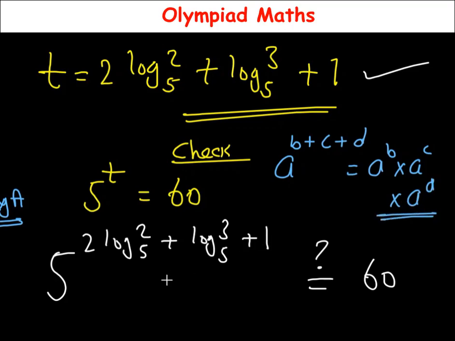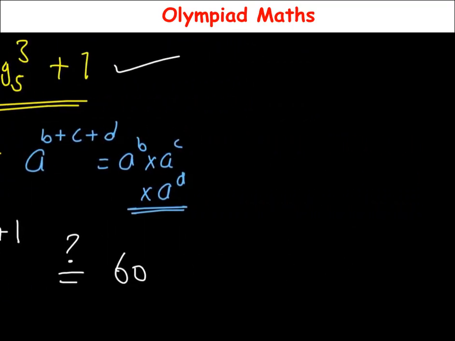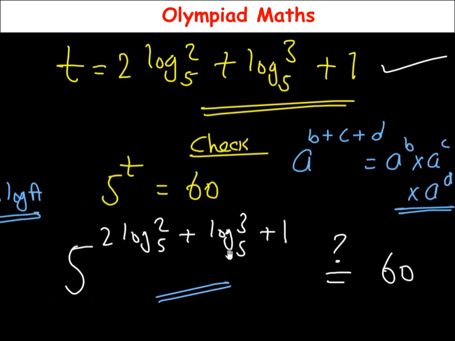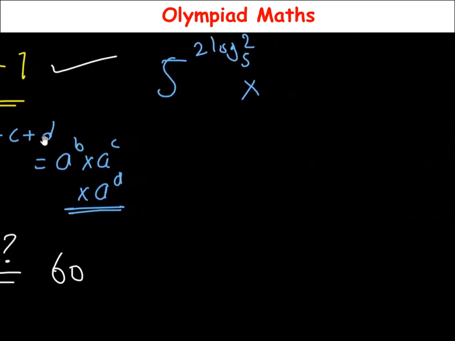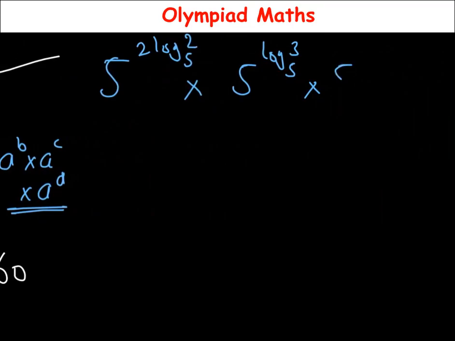Applying this principle right here, this will then be equal to 5 raised to power 2 logarithm of 2 base 5, then times 5 raised to power log 3 base 5, then times 5 raised to power 1. Does this equal 60?